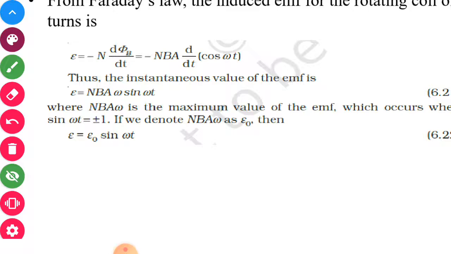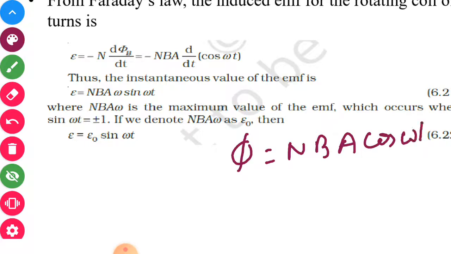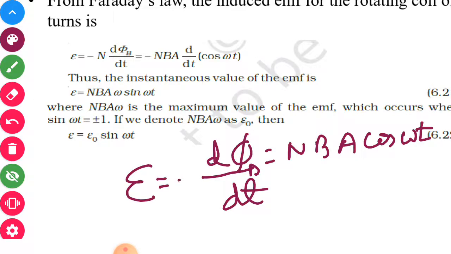So the flux phi is nothing but NBA cos omega t. Now if you take the differentiation, this becomes d phi B by dt, and according to Faraday's law, E is equal to minus d phi B by dt. Okay, so the number of turns is N, so N d phi B by dt.